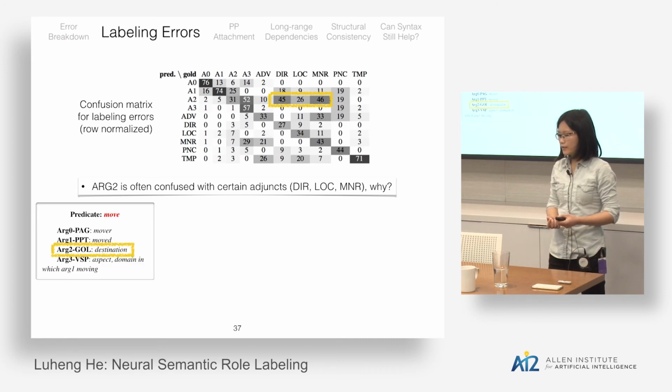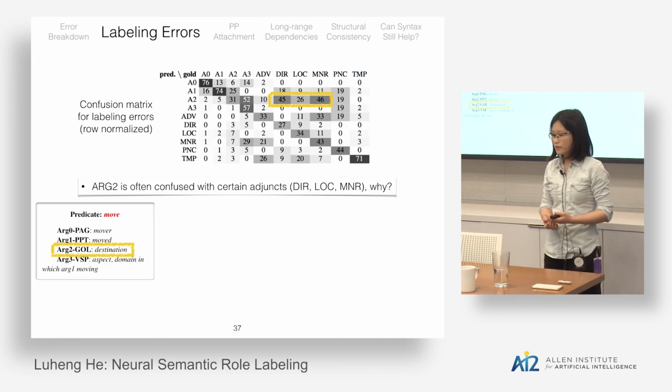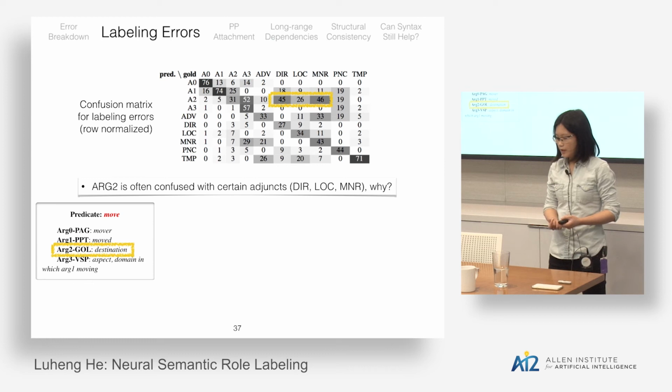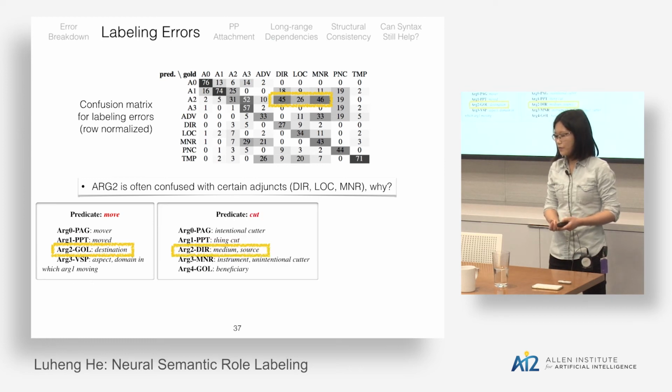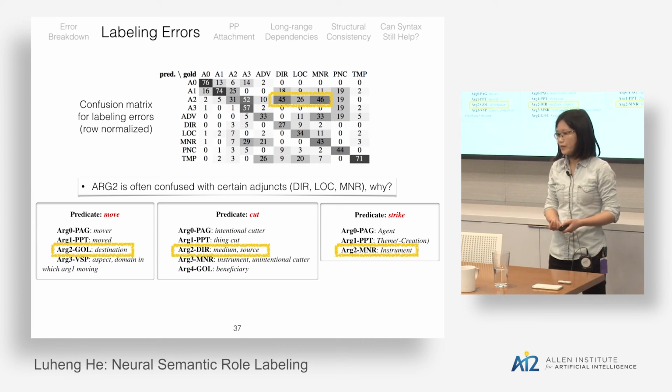The answer lies in the PropBank frame files. For example, for the verb move, its argument 2 actually means the goal or the destination. For the predicate cut, its argument 2 means the direction. And for strike, its argument 2 means the manner or instrument. So basically, they're actually sometimes close to each other in terms of meaning.